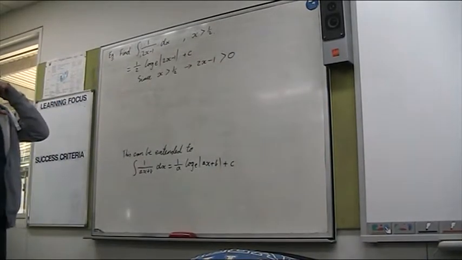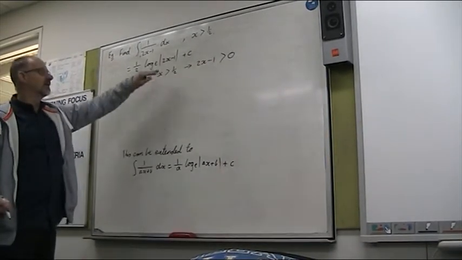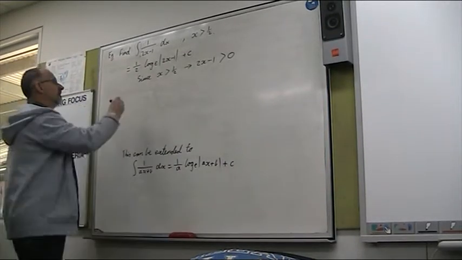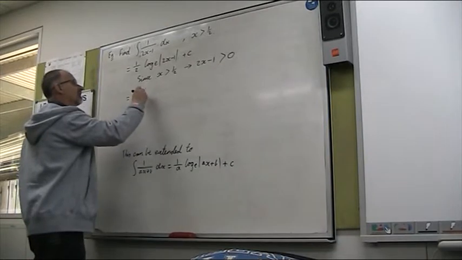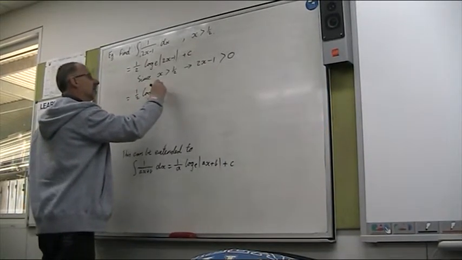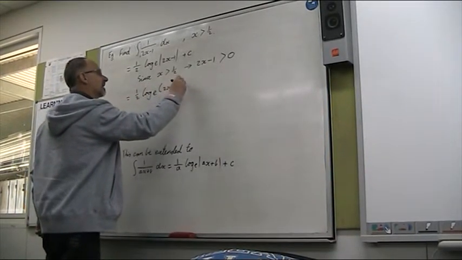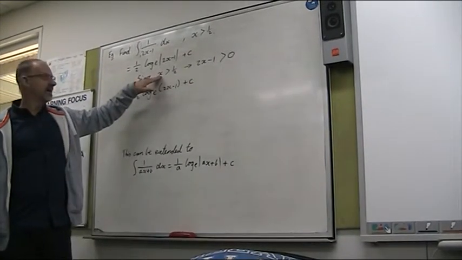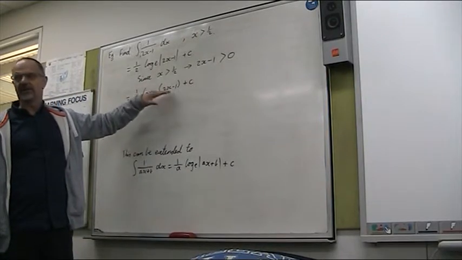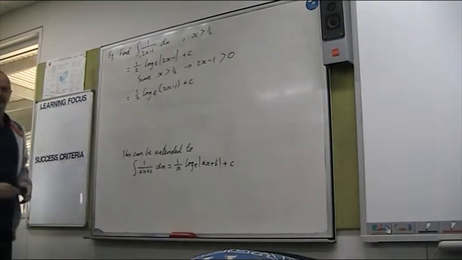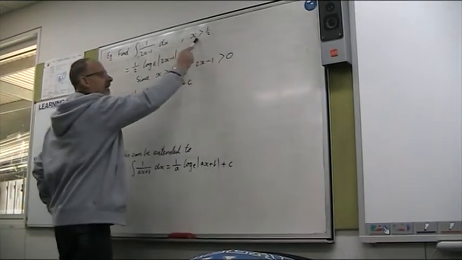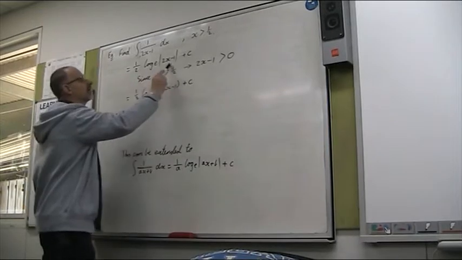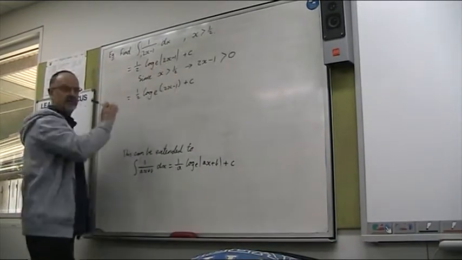So since we have a domain restriction, we can take this answer one step further, and we can say that it's a half log to the base e of 2x minus 1 plus C. And because x is greater than a half, this will be greater than 0, and everything's good. But you can only do that if there's a domain restriction. If there's not a domain restriction, you've got to leave it with these absolute value signs.